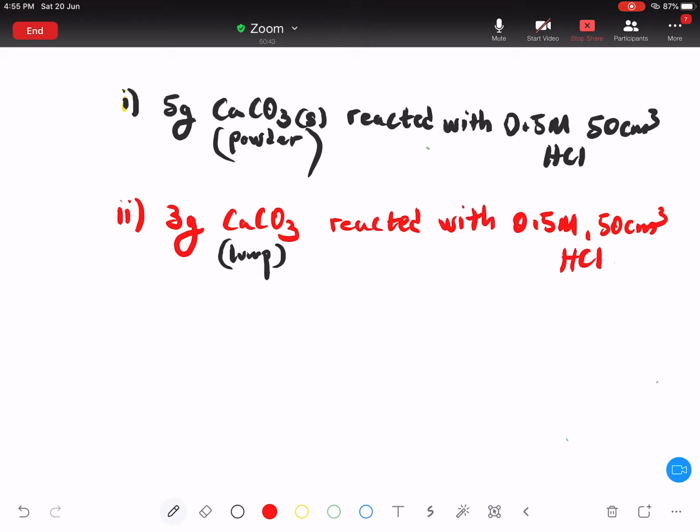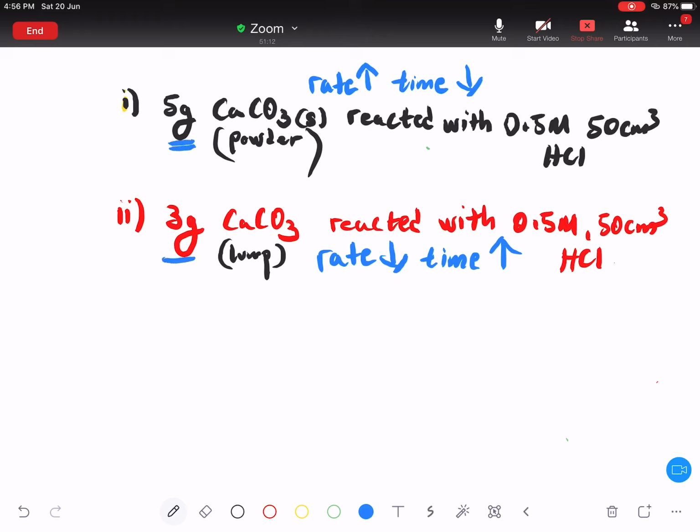Jom. So, first of all, you know the powder have a high rate. And the lump have the low rate. So, you know the time is low and the time is high. The mass are different.